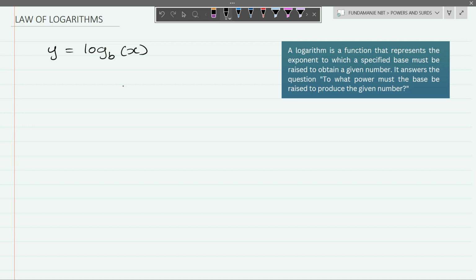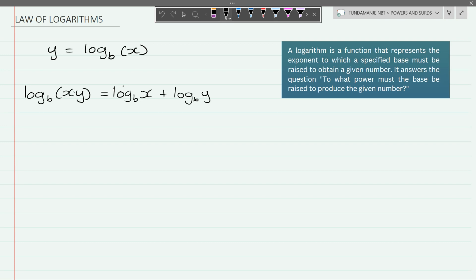So first off, we have the product rule, which states that if we have the log of the same base b of xy, where x and y are two numbers being multiplied together, this will result in log base b of x plus log base b of y. So each is assigned its own logarithm.